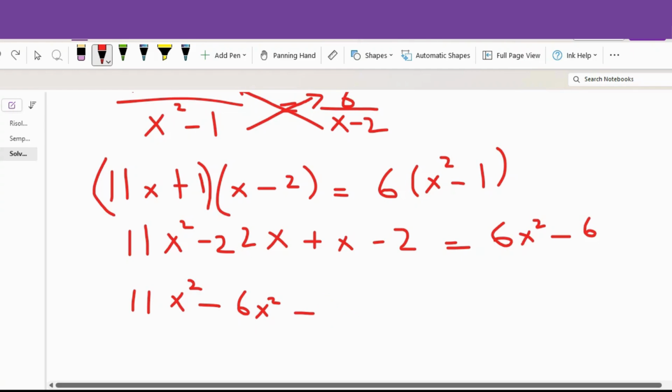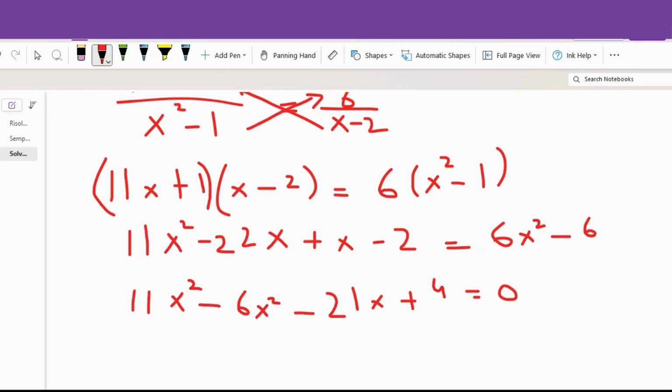Minus 22x plus x is going to be minus 21x. Minus 2 plus 6 is plus 4, equals 0. Now 11x squared minus 6x squared is going to be 5x squared.